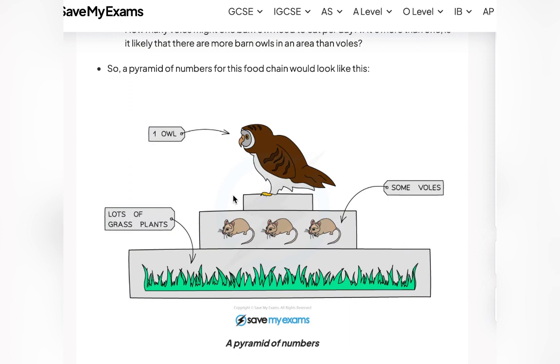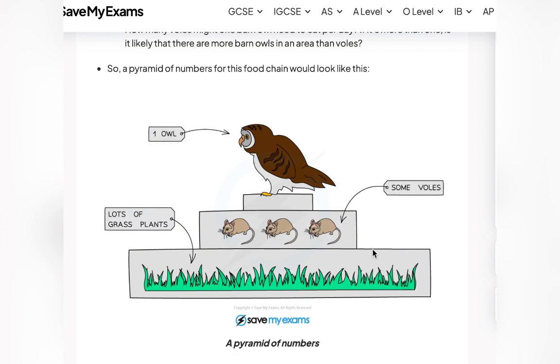And the width of this one is smaller still, because there's only 1 owl that is devouring these three voles, or the mouse.